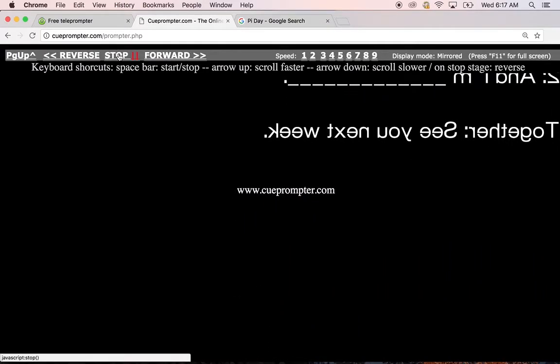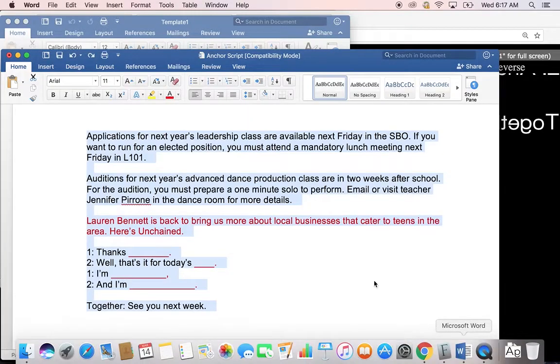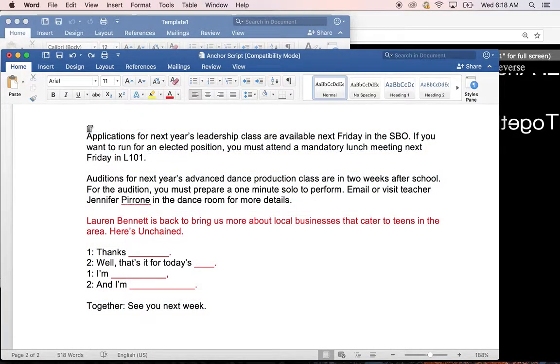It's relatively simple. We're going to come back here to Microsoft Word. What I'm going to ask you to do is to both double space and to limit the number of characters from left to right. A character, by the way, is either one letter or a space for a letter.